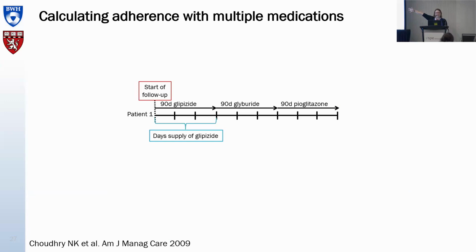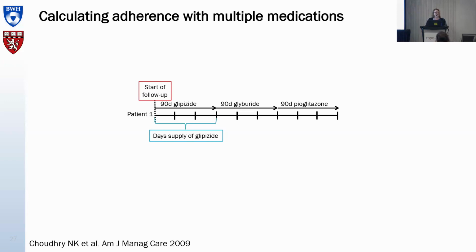Ms. C has 3 different fills for diabetes, but her medications switch: glipizide to glyburide to pioglitazone. So if I'm interested in just measuring adherence to glipizide, she's pretty poorly adherent because she's only filled for 90 days out of the whole 270 here.